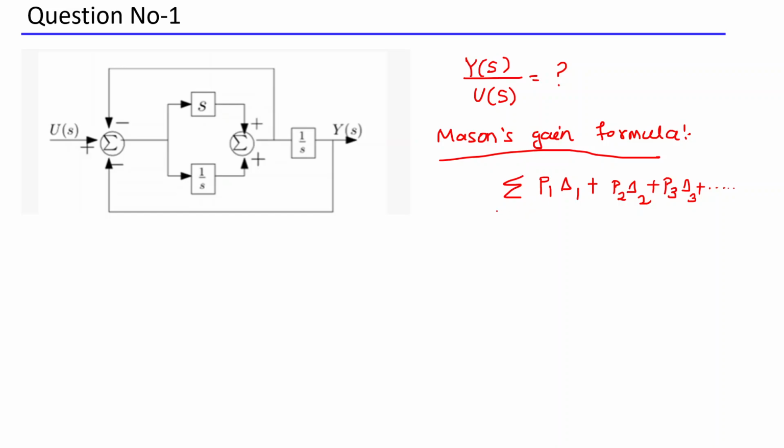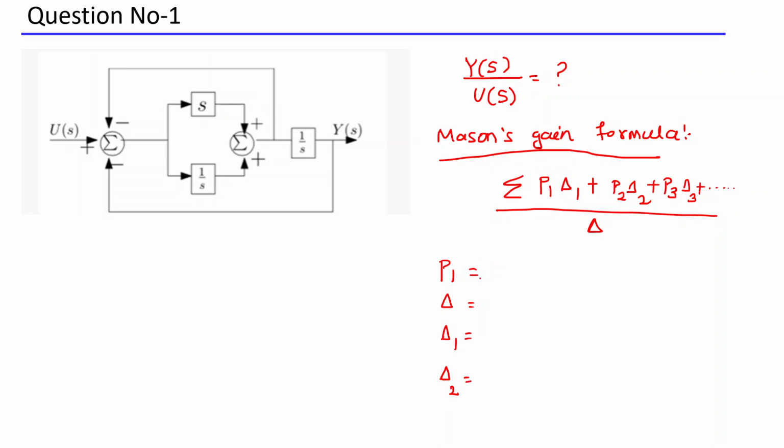This is the numerator, and in the denominator I'm just writing delta. First try to understand what P1 is, what delta is, and what delta 1 and delta 2 are. All these things you try to learn first.